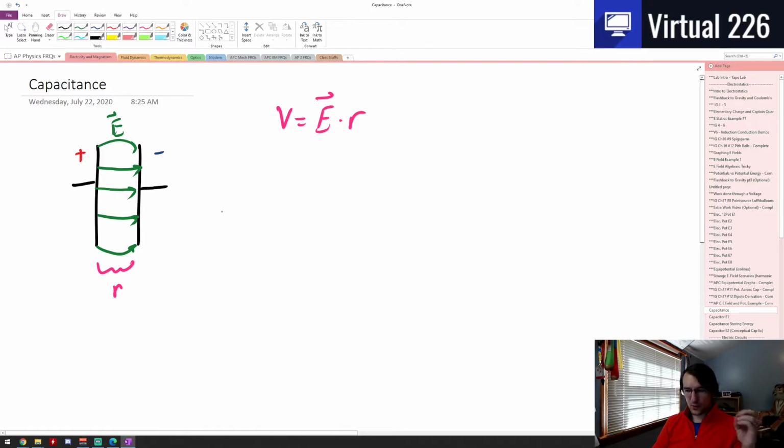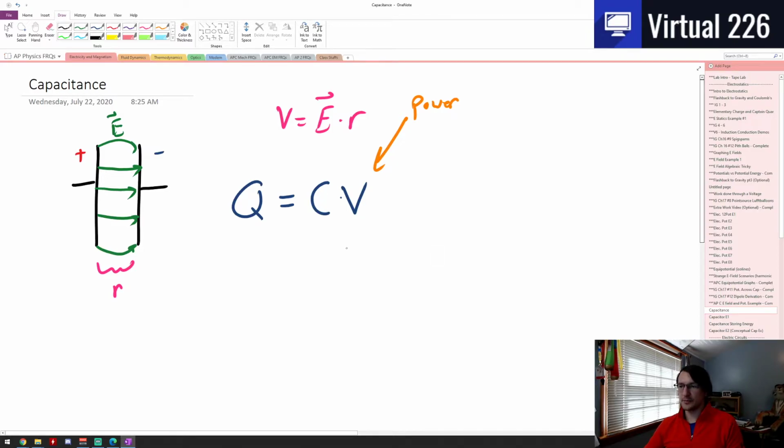And what we can do with a setup like this is we could say that the charge stored on this capacitor is going to be equal to the capacitance of the system multiplied by the voltage across it, okay? And normally this voltage across it is supplied by some outside power source. So maybe you're hooked up to a battery or a wall outlet.